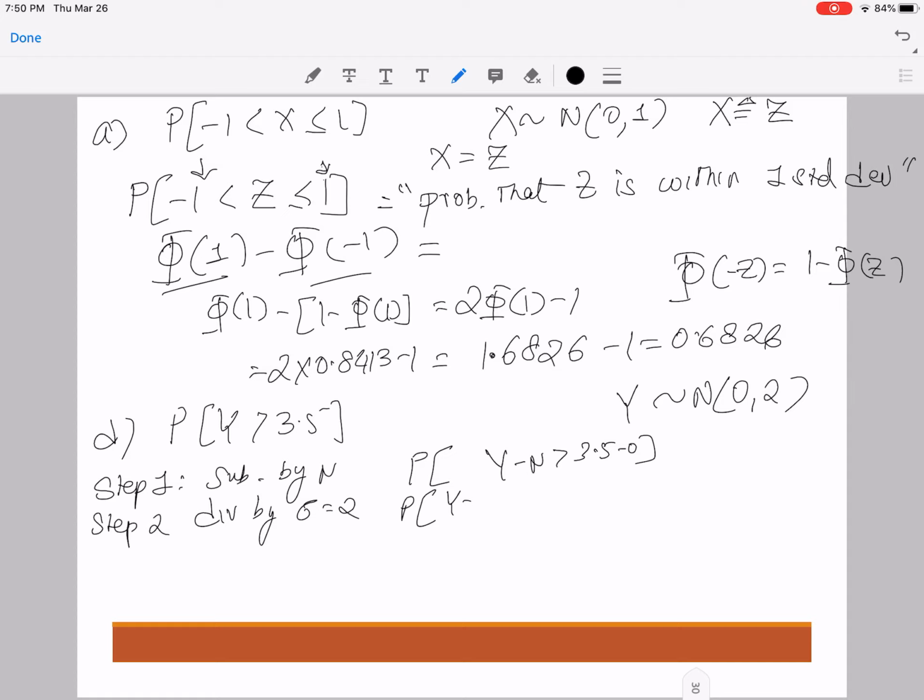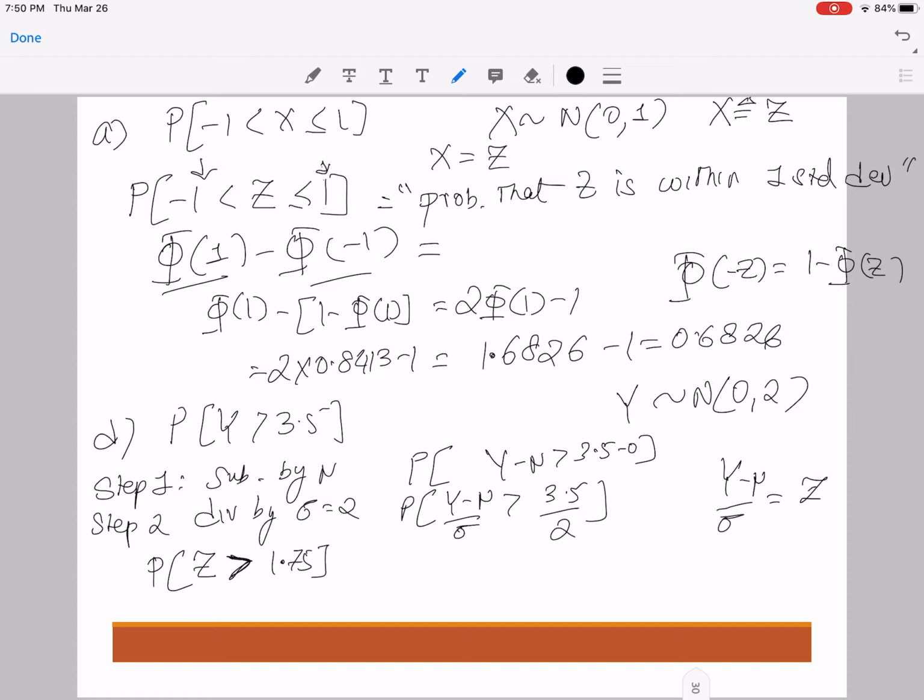So I get y minus mu over sigma, which is greater than 3.5 over 2. Y minus mu over sigma is now a standard normal random variable. So I'll replace it with capital Z, and I need to find the probability that capital Z is greater than 1.75.